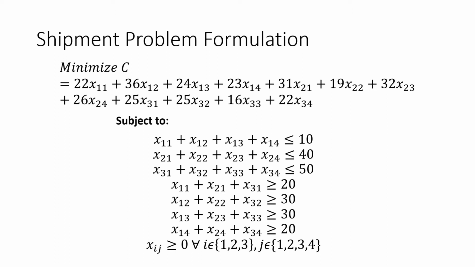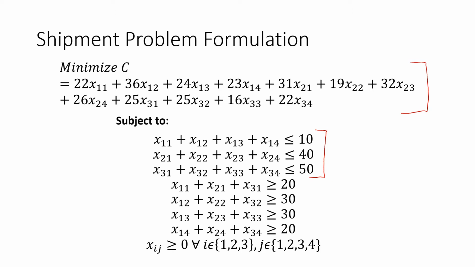If you were to write it down in terms of what we've seen so far for linear programs, you would get something like this. You would be minimizing the cost, and here's the equation for the cost, subject to these constraints. These items are the items that are shipped from the warehouse.